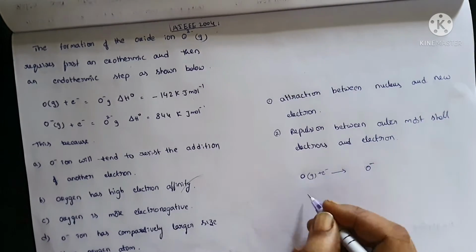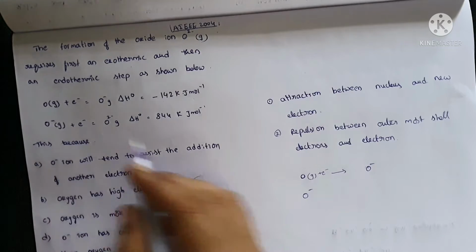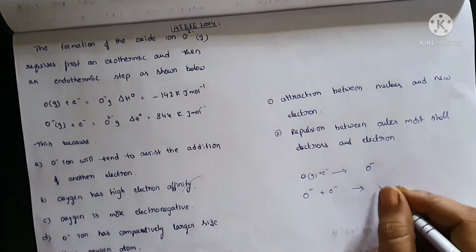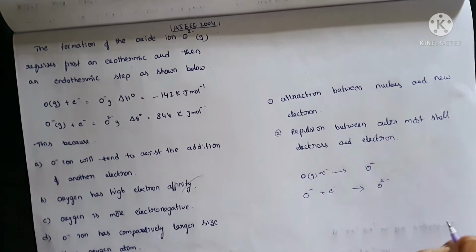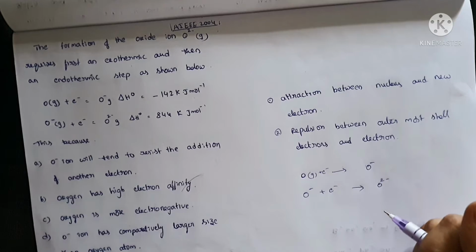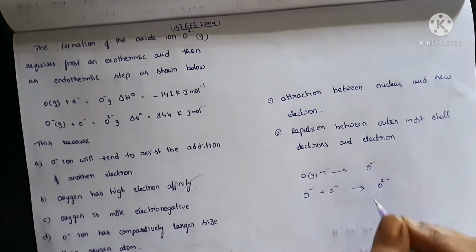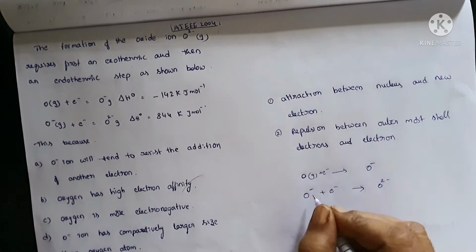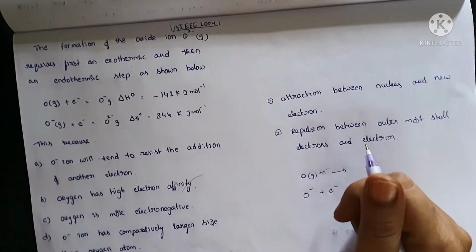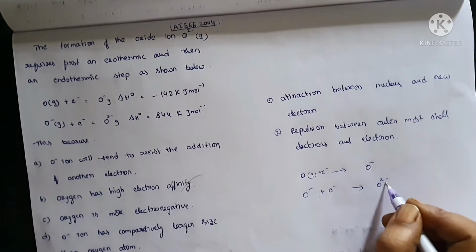Whereas O minus ion, whenever it is taking another electron to form O2 minus, it is an endothermic reaction. What is endothermic reaction? Formation of O2 minus from O minus ion is an endothermic reaction, means it requires some energy to form O2 minus.